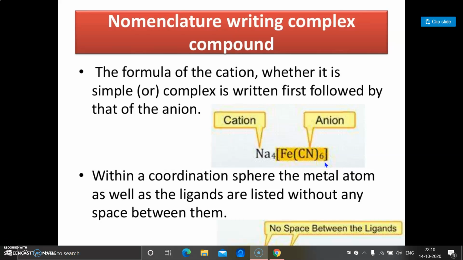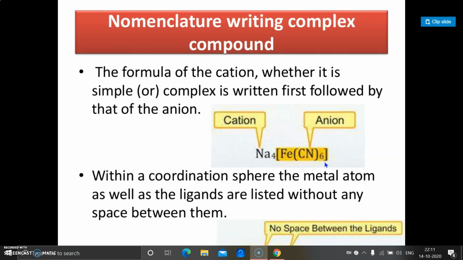The oxidation state of the metal is written as a superscript in Roman numerals. The charge on the coordination sphere is written outside the square bracket as a superscript, in which the number is written before the sign of the charge.